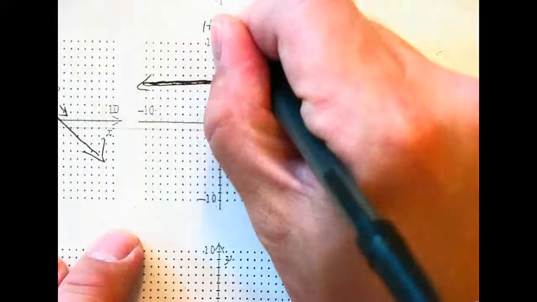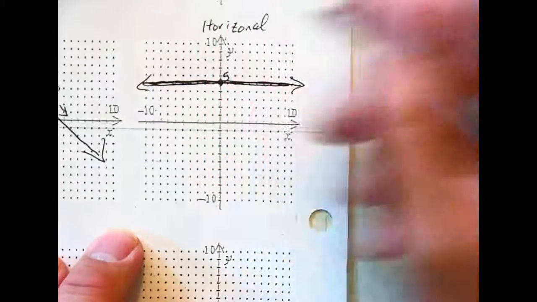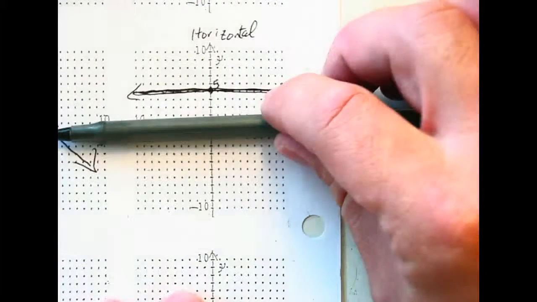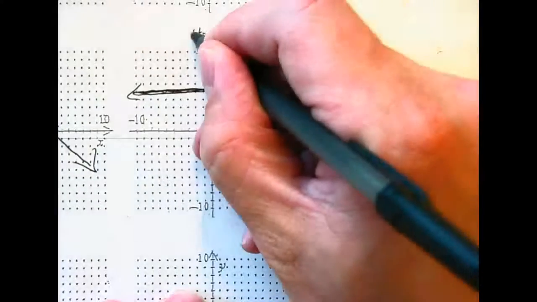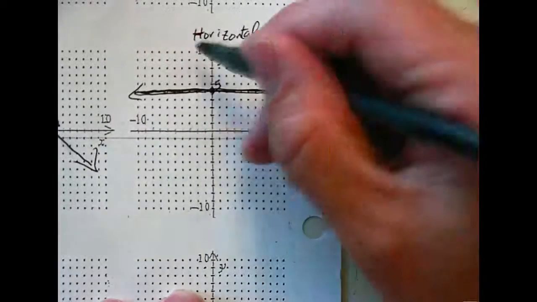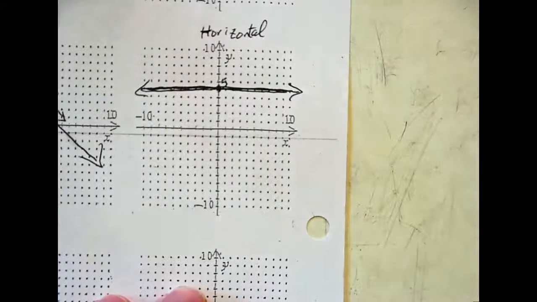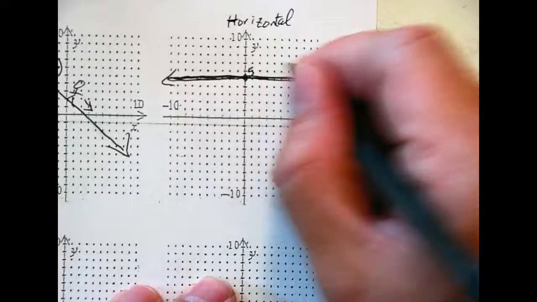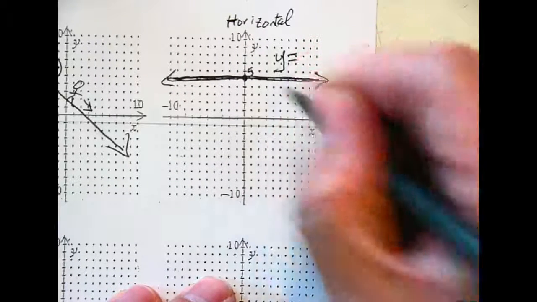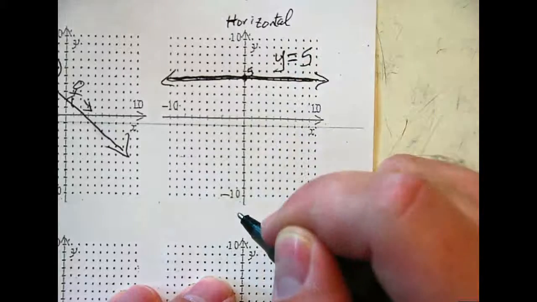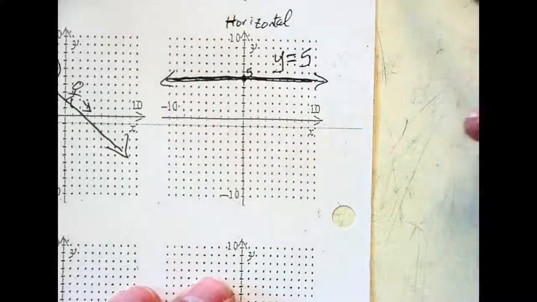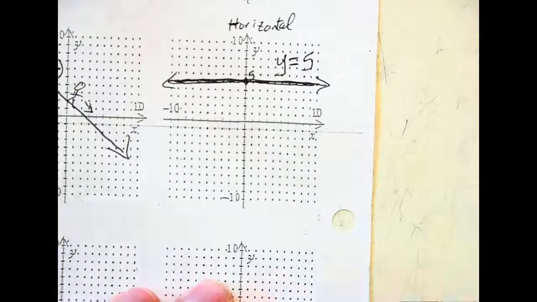Those of you who don't know what horizontal is, remember horizon. Horizontal crosses the y-axis, therefore it's a y equals equation. In this case, it's y equals 5. Anytime you have only a y equals equation, it only crosses the y-axis.